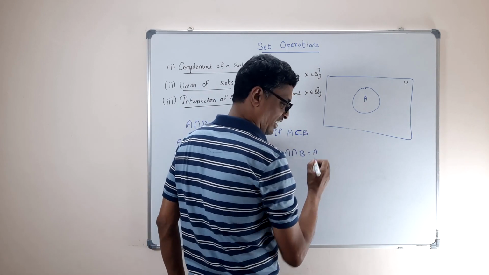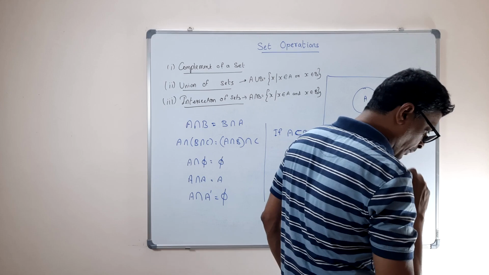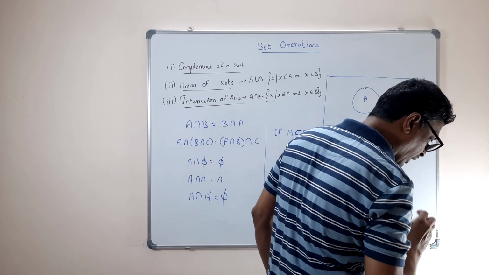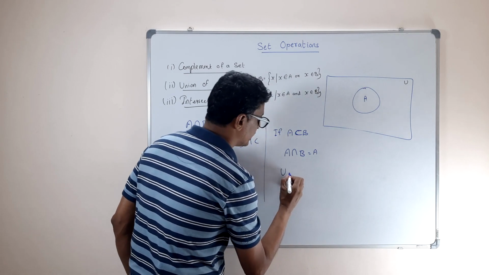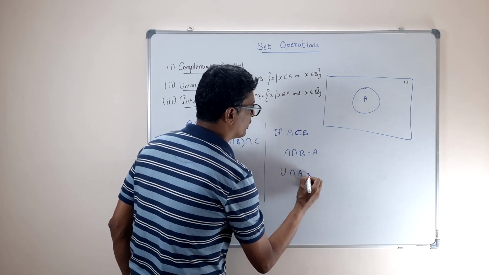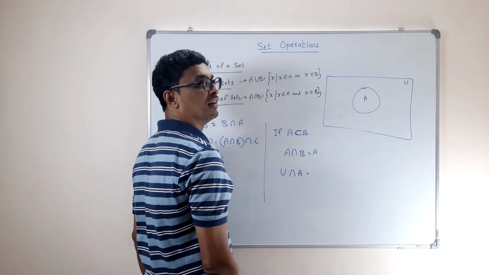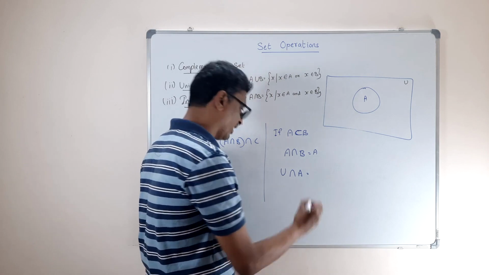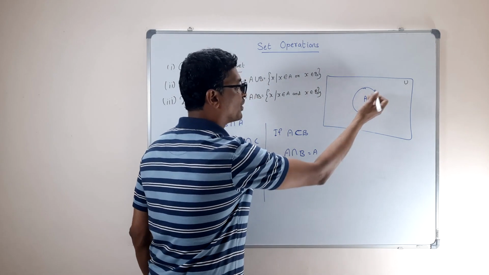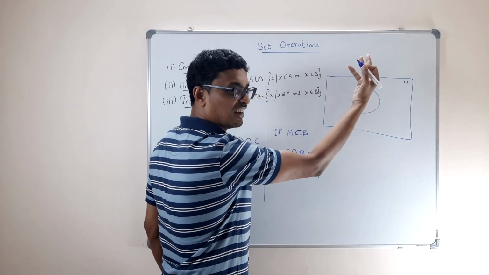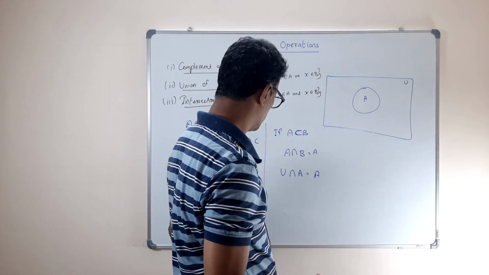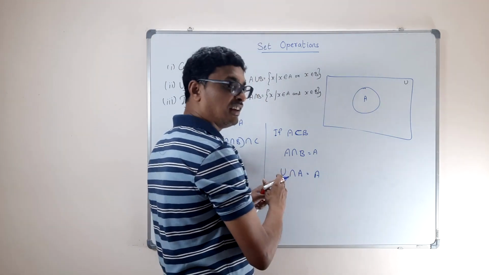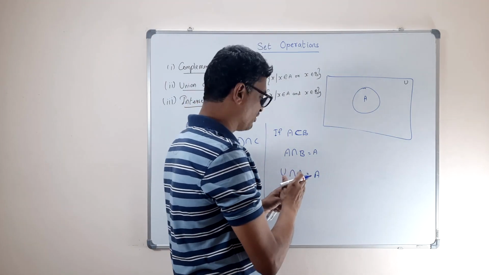Okay, A. And the next one is, what will be your universal set intersection A? A, correct. Because universal intersection of A is A only. In the Venn diagram, it will be very easy. Sorry, universal set intersection of A, it will be A only.